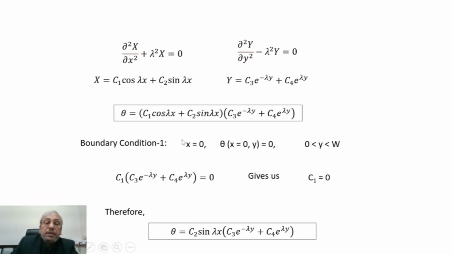Now if C1 is 0, we can go back to the solution and write theta equal to C2 sine lambda x into (C3 e to the power minus lambda y plus C4 e to the power plus lambda y). We have to find all these constants, C1, C2, C3, C4. C1 we have found as 0, and now theta can be written as this.